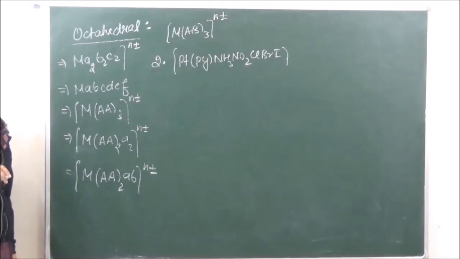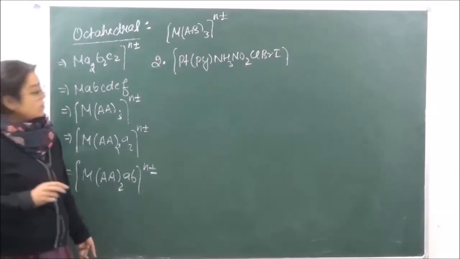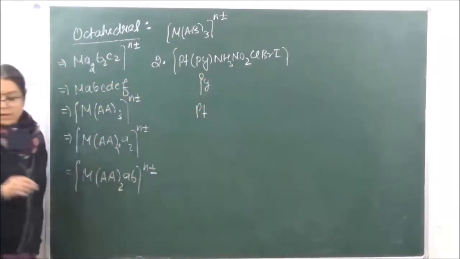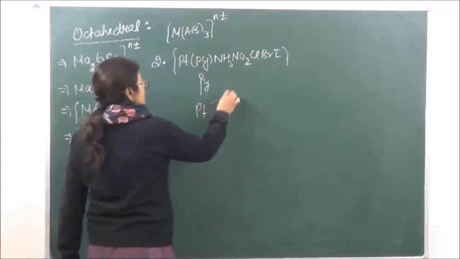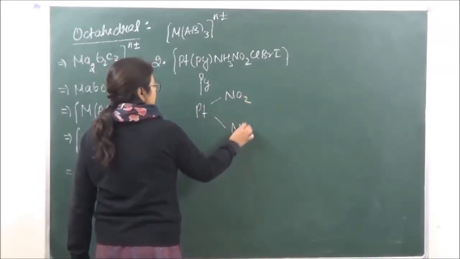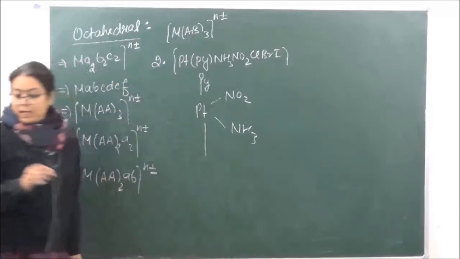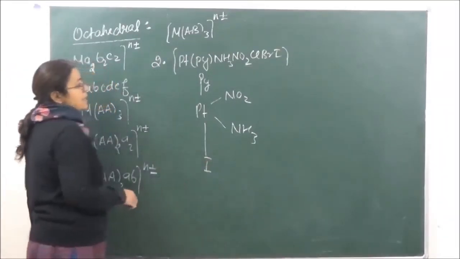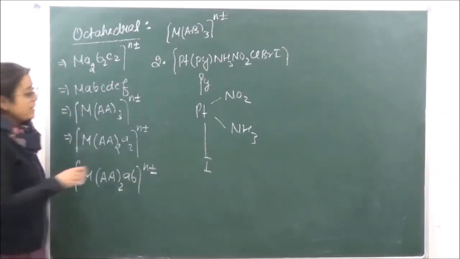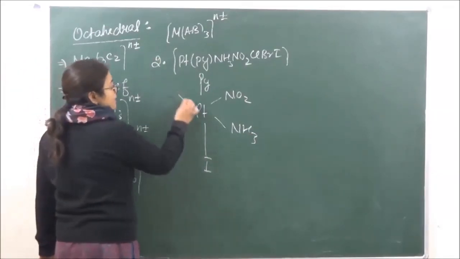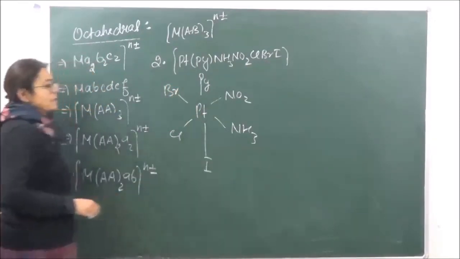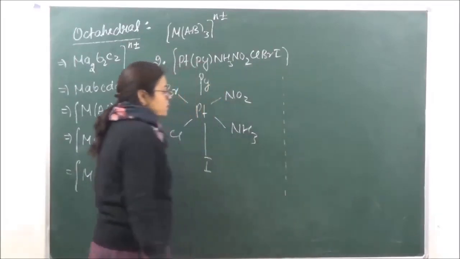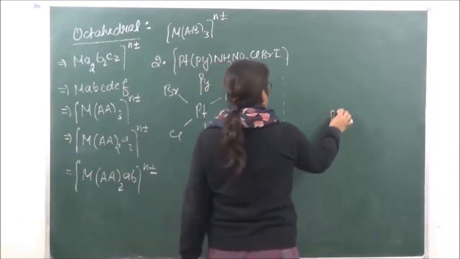Now over here you can put the positions wherever you want. Let's say that we put pyridine over here, and then we have NO2, NH3, and then we will have iodine, and then chlorine, and bromine.